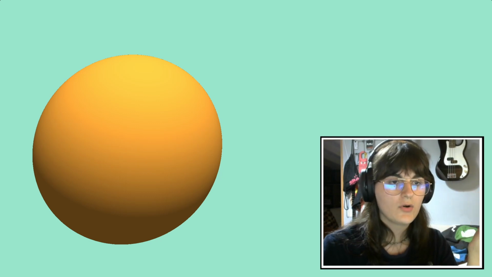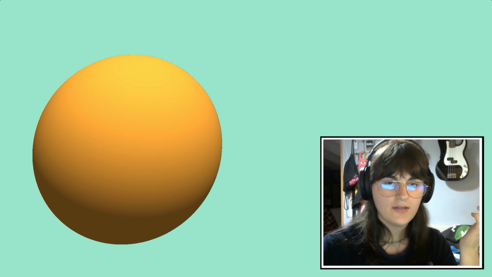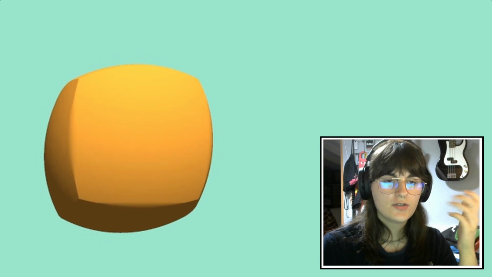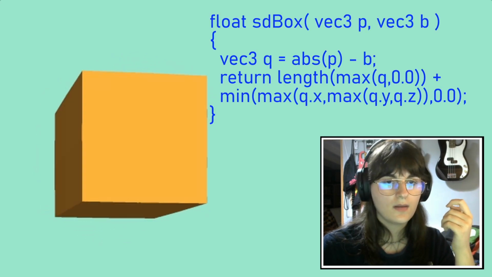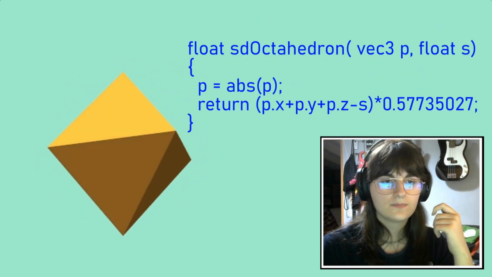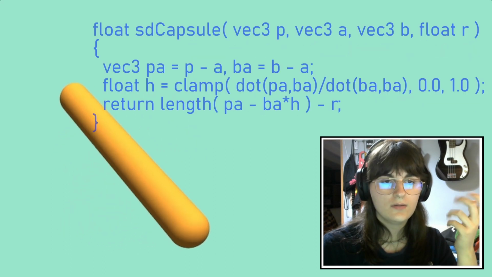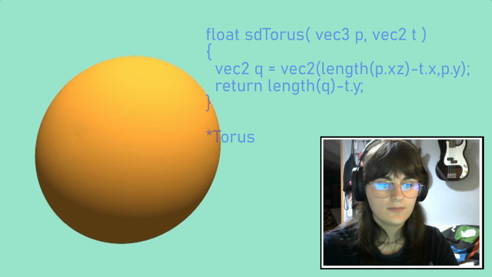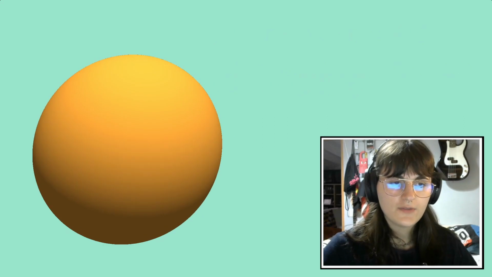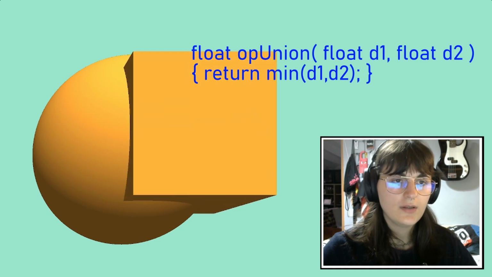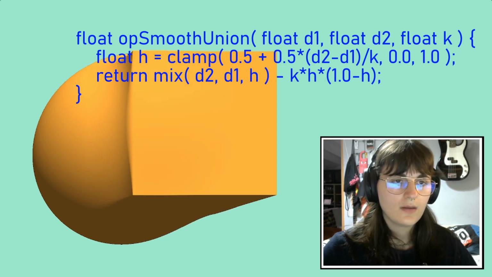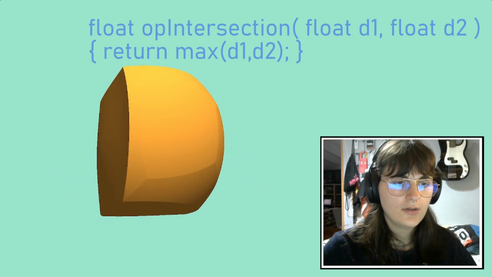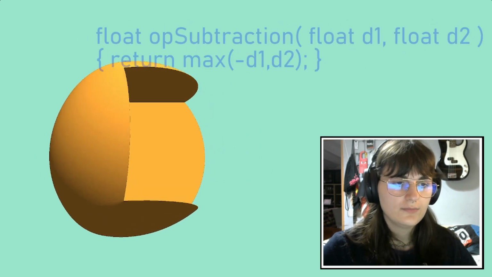There are many other shapes in 3D that we can represent using signed distance field functions, such as a cube, an octahedron, a capsule, or a toroid, more commonly known as a donut. These primitive shapes can be modified to create many other shapes, with things like union, soft union, intersection, or subtraction.